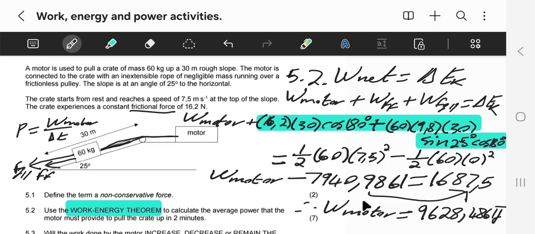Joules. So this is my answer. This is the work done by the motor, but I'm not looking for the work done by the motor. I'm looking for average power.